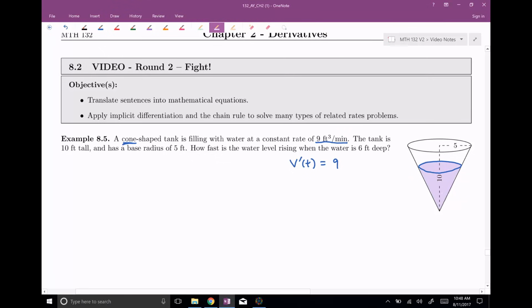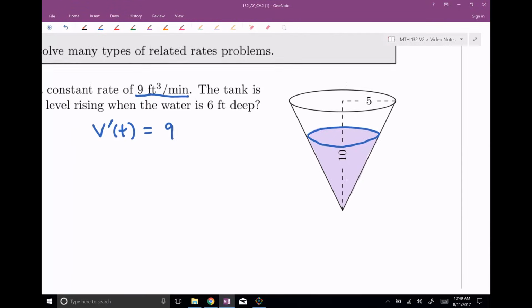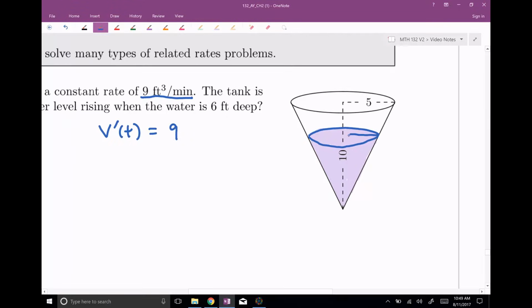How is this changing? The question is, how fast is the water level rising when the water is 6 feet deep? So this water cone is going to have its own specific radius, which I'll mark R of t, and its own specific height, which I'll mark h of t. Again, it has its own radius and its own height, and these are changing with time.